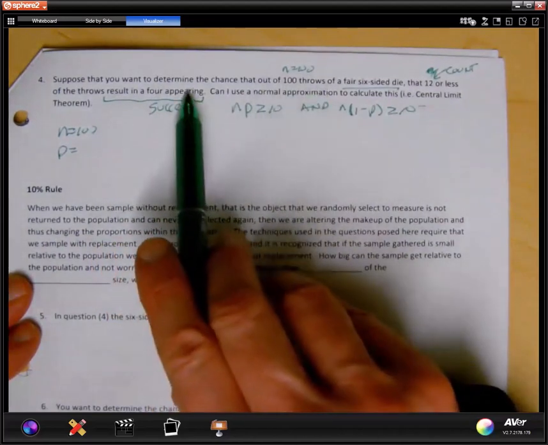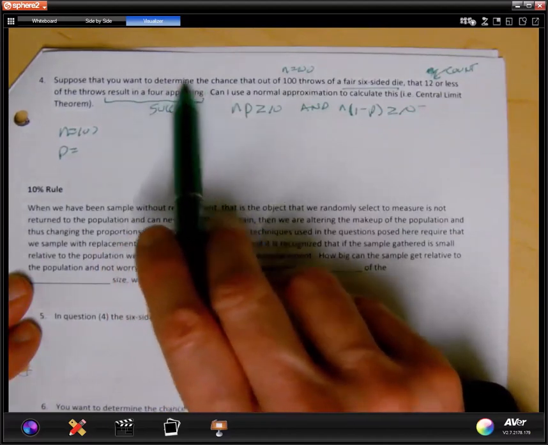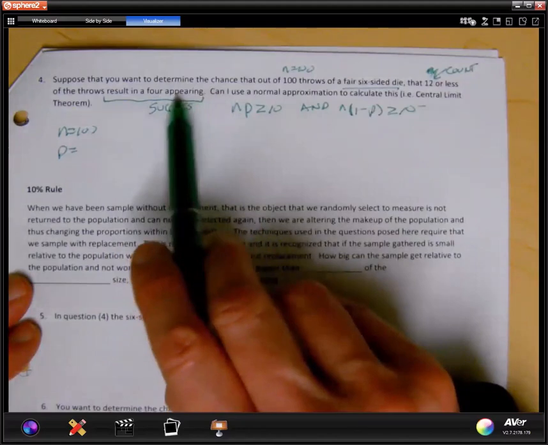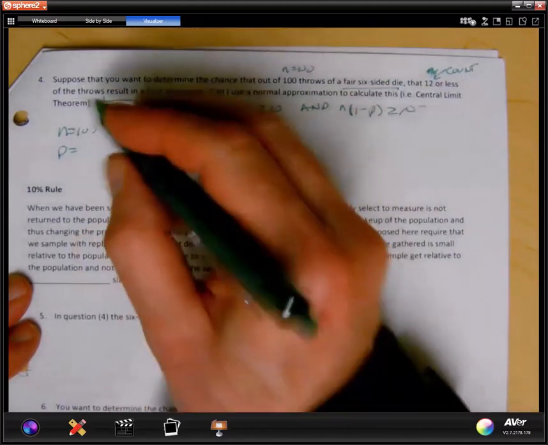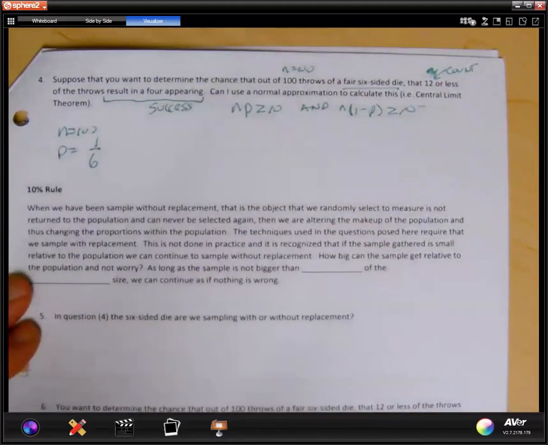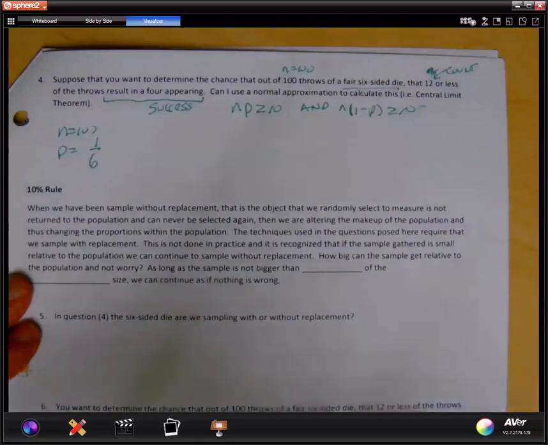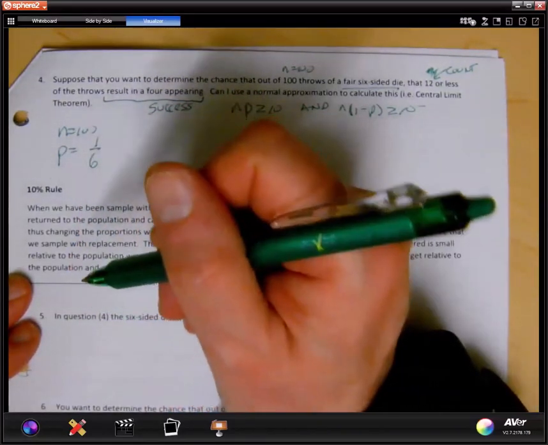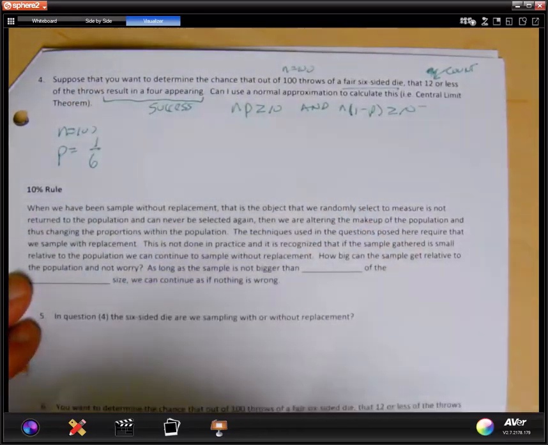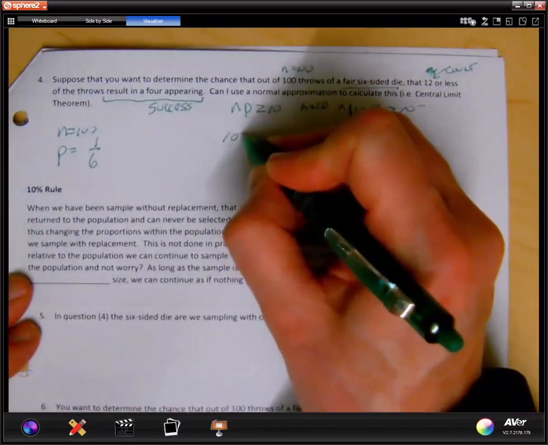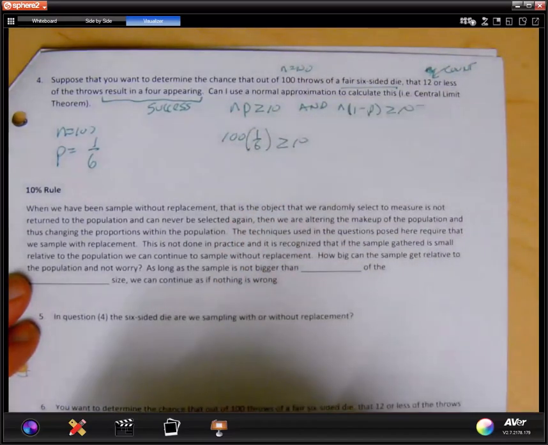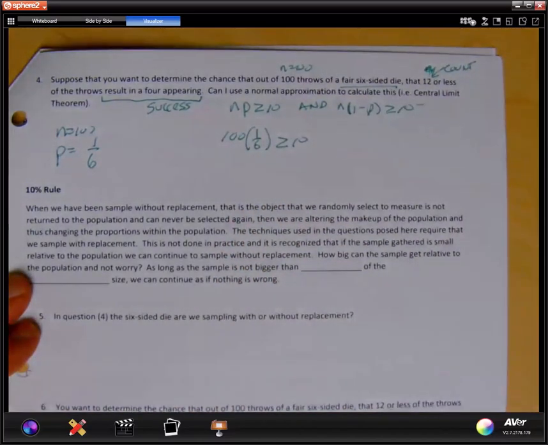So now the question is, if I toss a die once, what's the chance that a 4 appears? The answer is 1/6, as it's a fair 6-sided die. Remember, this value is the probability of witnessing success once in one observation. So now I'm going to do 100 times 1/6, and is that bigger than 10? The answer is yes, it is, it's about 16.